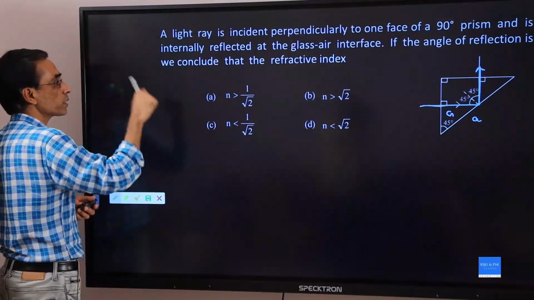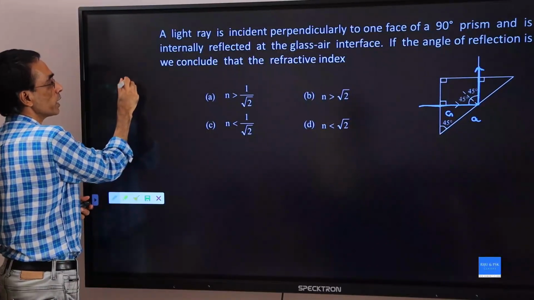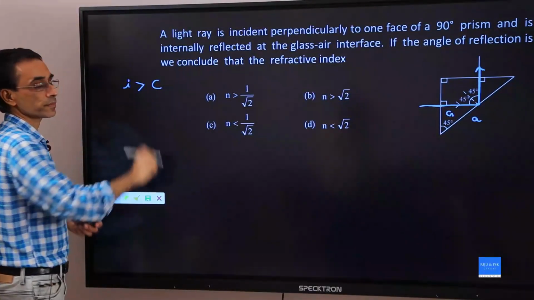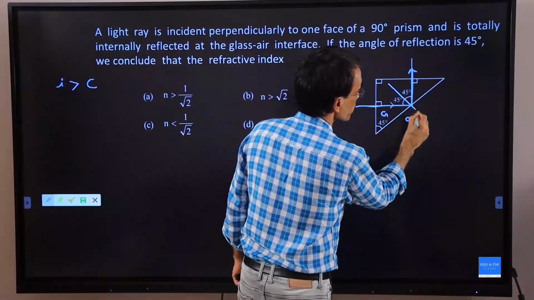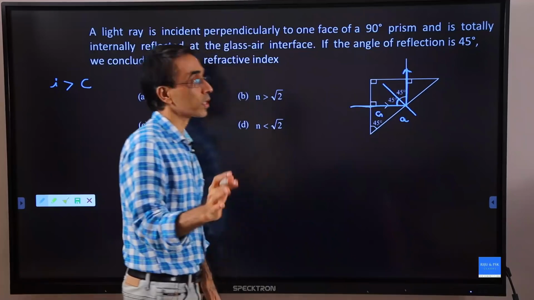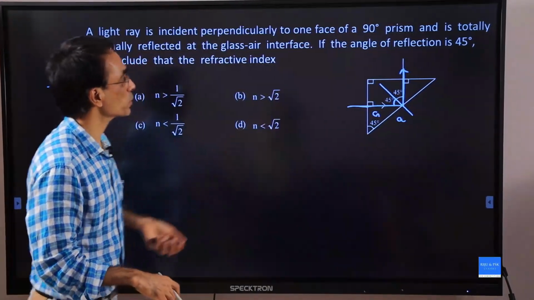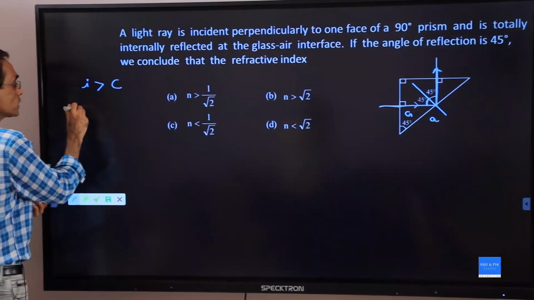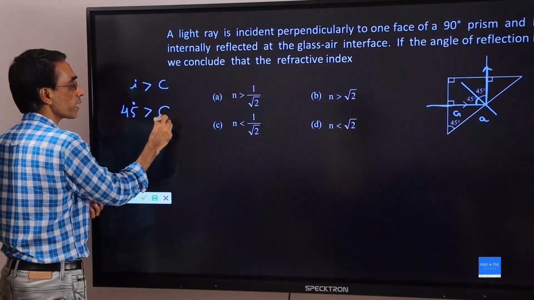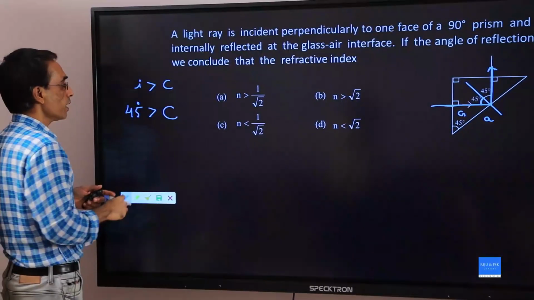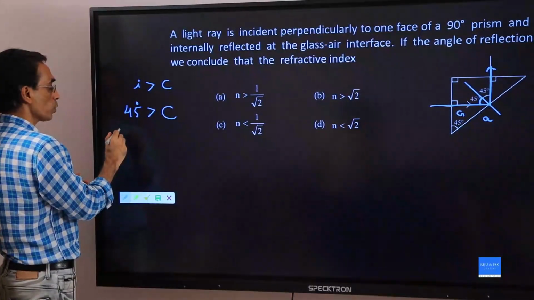We know total internal reflection is possible only when I is greater than C. And what is I here? You can see from the diagram, this I is given as 45 degree. Angle of reflection is also 45 degree. So this is 45 degree and this should be greater than the critical angle. Let us apply sine on both the sides.